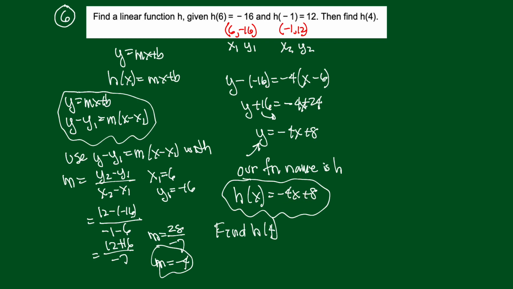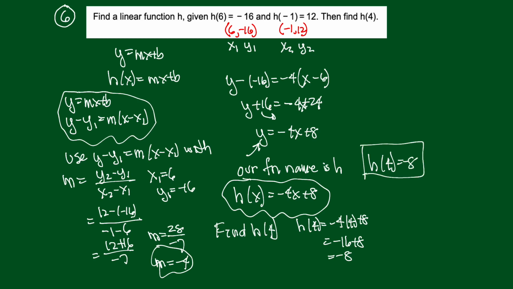So h of 4 is equal to negative 4 times x, which is 4, plus 8. This is negative 16 plus 8, which is negative 8. So I'll write it up here. H of 4 is negative 8, if I computed everything correctly.